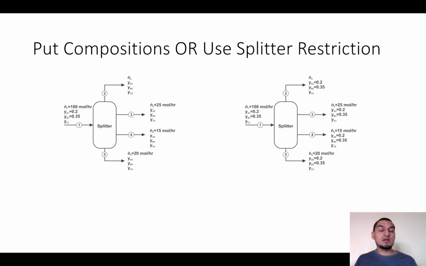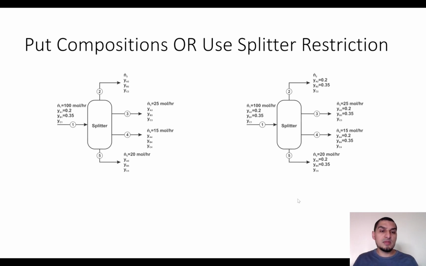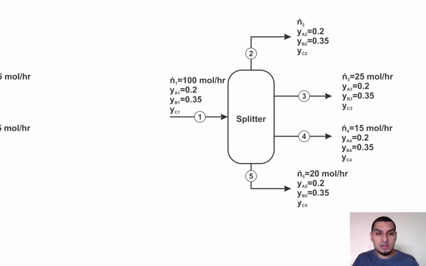There is one other suggestion, or a question that will jump into your mind, which is: okay, since we already know that the compositions are equal, why don't we just put the compositions in all the streams and deal with them as given variables? Which is a very valid question. So this is what we have here in this diagram.